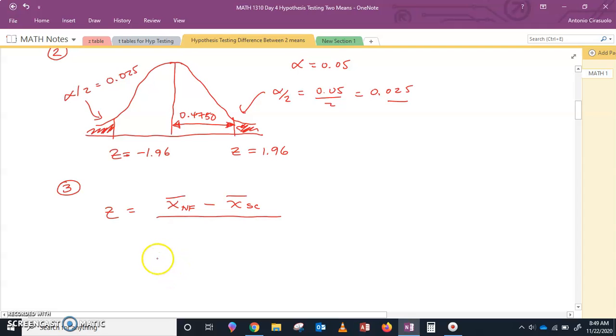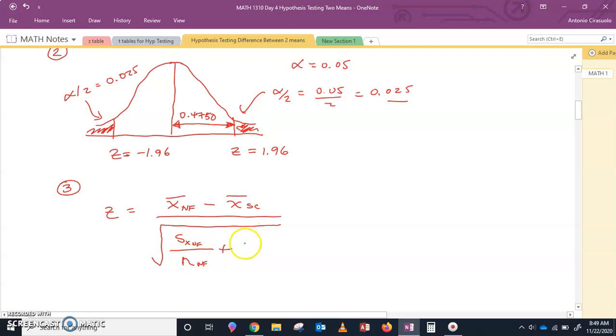Now in this case it's a combined value, so it is the standard deviation for Niagara Falls all over the size of the sample for Niagara Falls. Now it turned out that they were both 50, so there's no reason to be concerned about order.